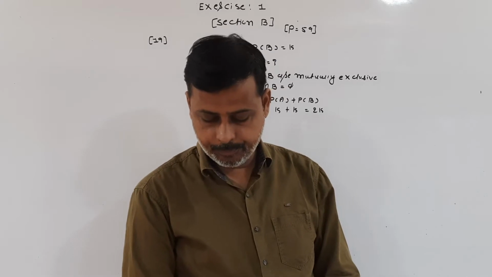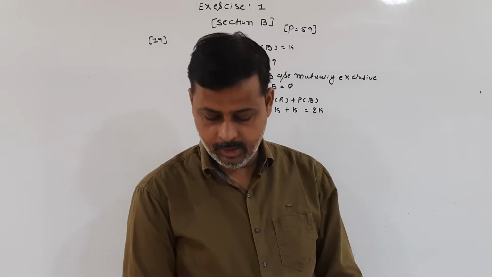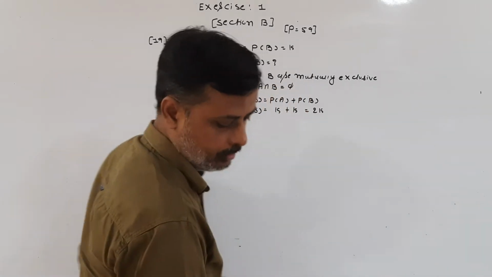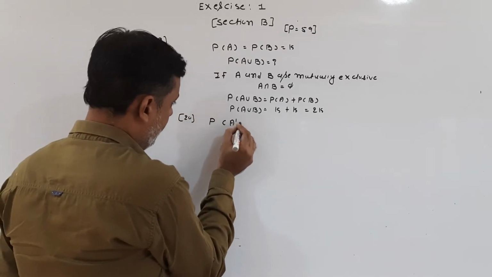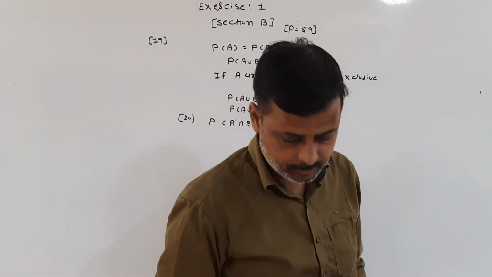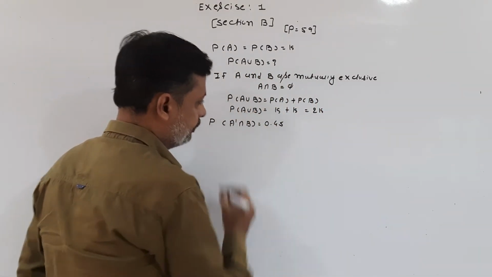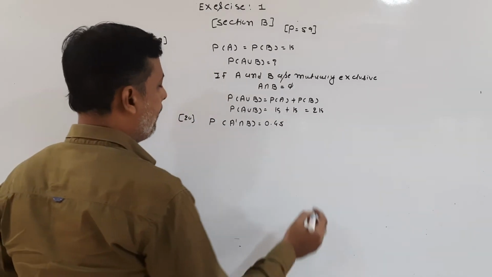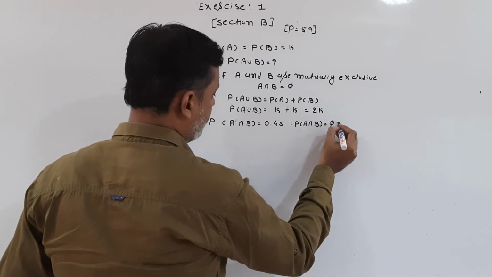Next, example number 20. If P of A dash intersection B is 0.45 and A intersection B is equal to phi, then find P of B. Phi means 0.